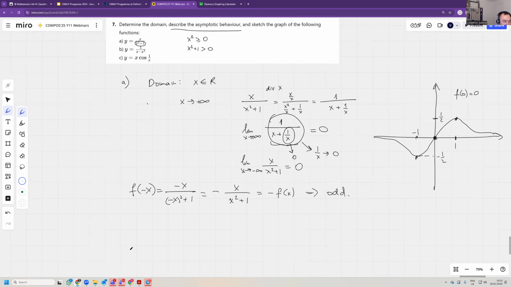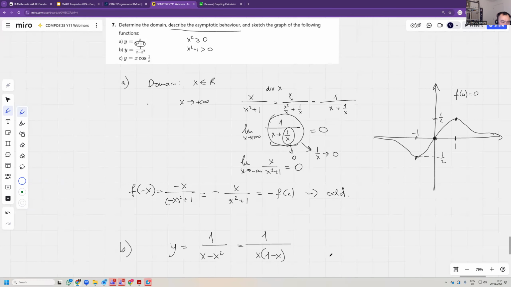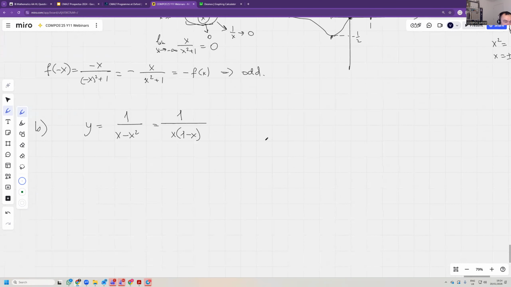The next one is B. y is 1 over x minus x squared. Well, you can write it as 1 over x times 1 minus x. So you can see that x is not equal to 0 and x is not equal to 1. So you can immediately remove those points.